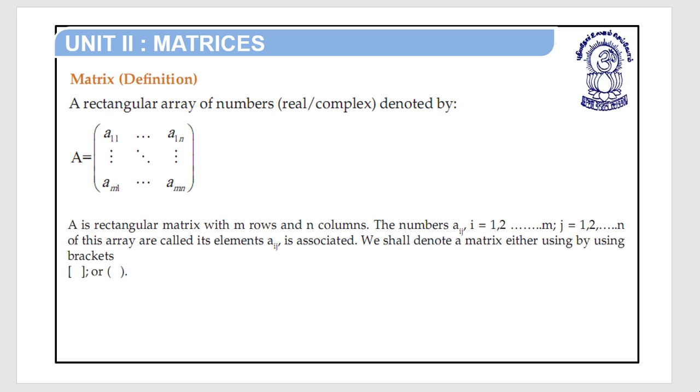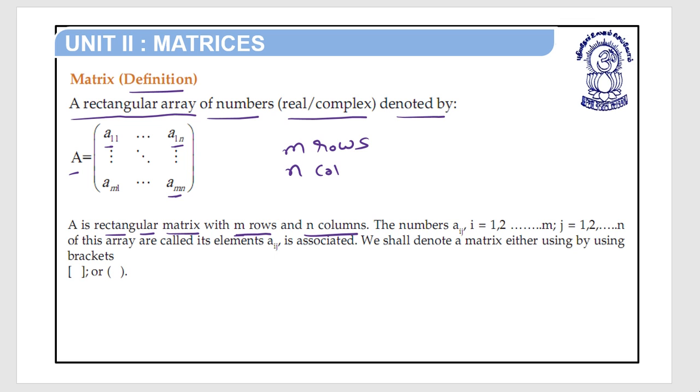Now, definition of matrix. Matrix, a rectangular array of numbers, real or complex, denoted by A is equal to, in square bracket or open bracket, A11 up to A1n, down to Am1 up to Amn. A is rectangular matrix with m rows and n columns.